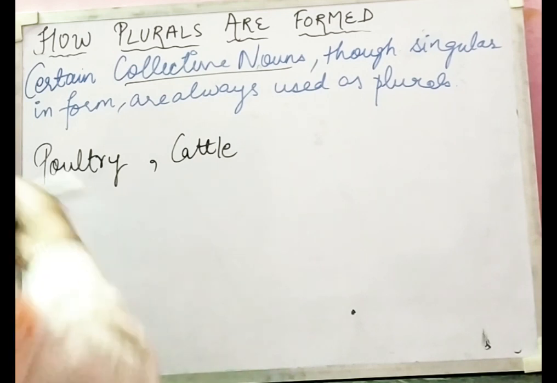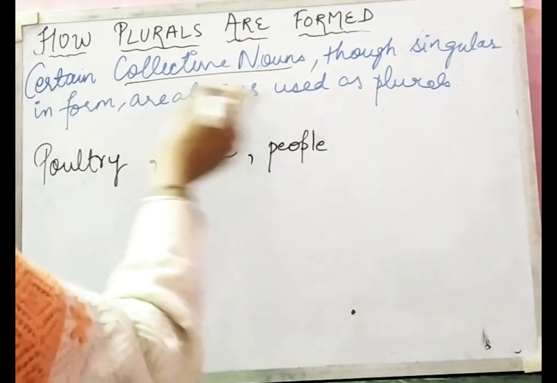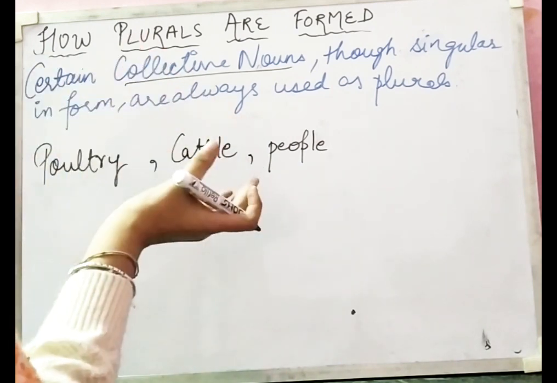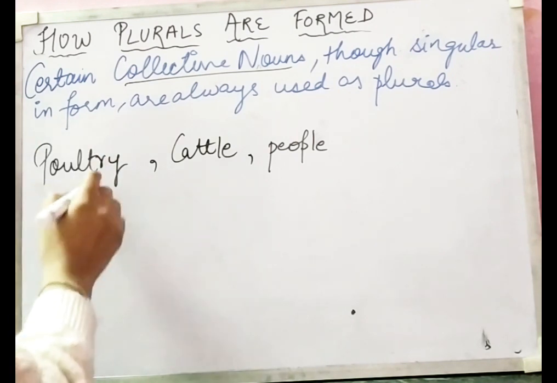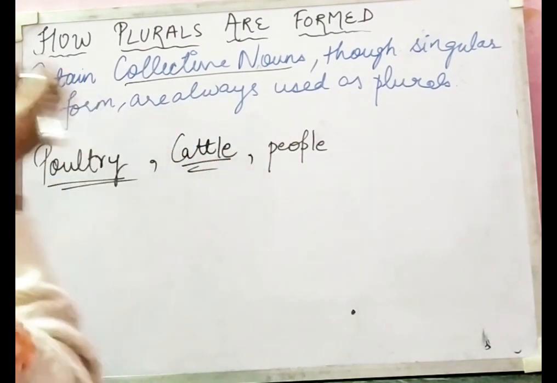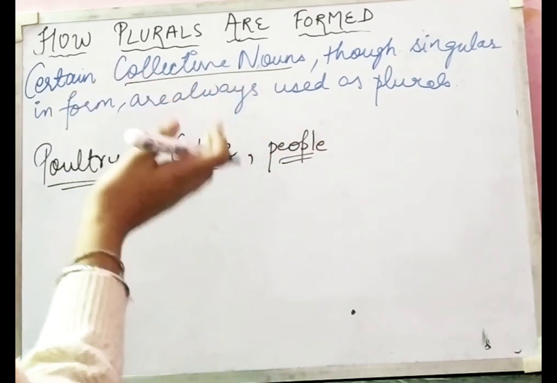And one I have already told you, people, you can call that certain collective nouns. कुछ collective nouns जो है वो singular form में होते हैं, but वो always plural ही होते हैं. ये हमें लगता है तो singular ही है कि cattle एक ही है, poultry एक ही है, people एक ही है, but they are always plural.